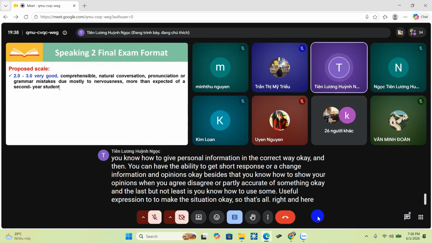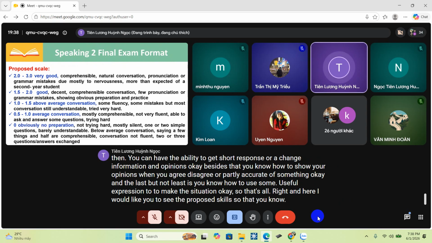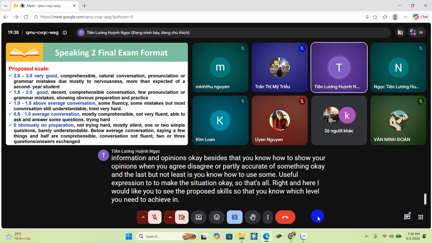And here I would like you to see the proposed scale so that you know which level you need to achieve in speaking two.